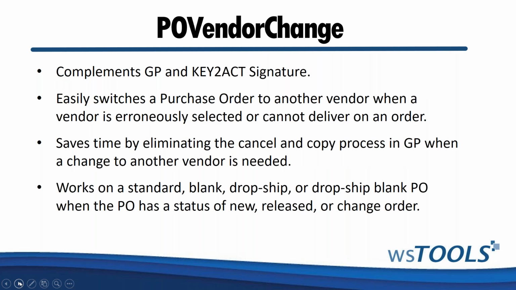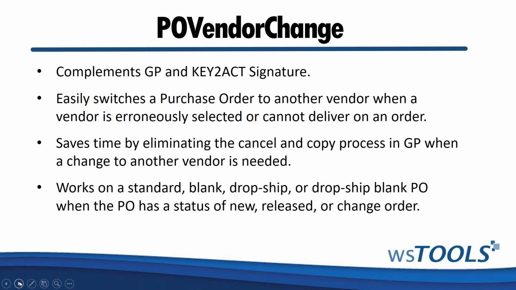Then we're going to wrap up today's session with PO vendor change. Again, staying on the purchasing side, that complements GP, and also complements Key to Act Signature, because we can reference job cost in jobs and also service calls, and make the adjustments on those as well with the change in the vendor on a PO.